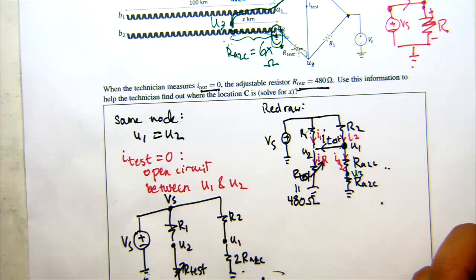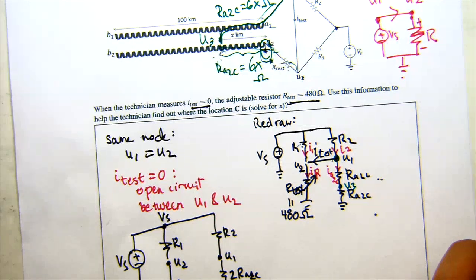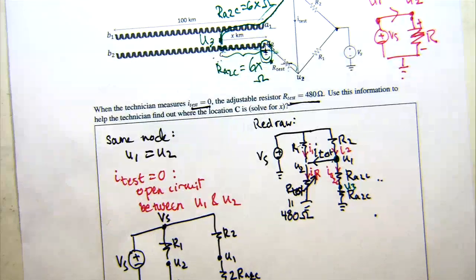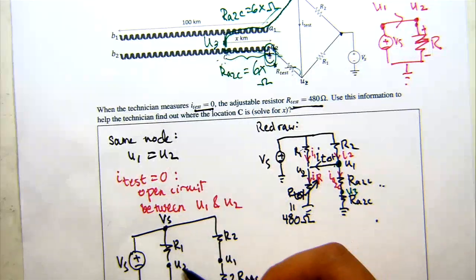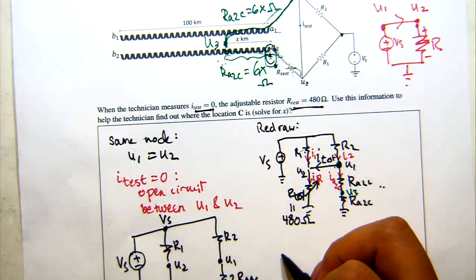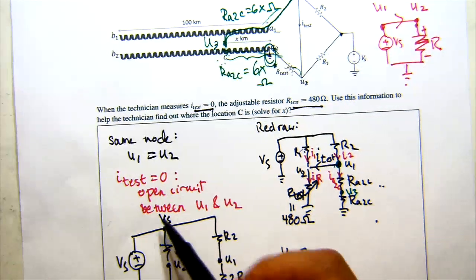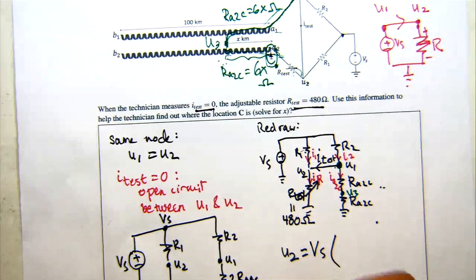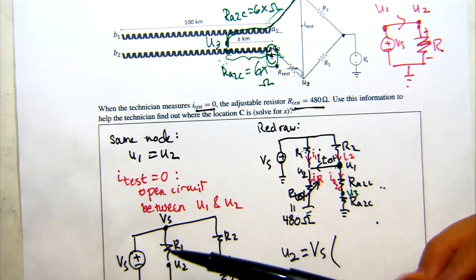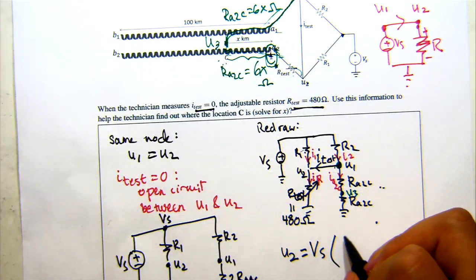I think I hear some people saying it, but they sound a bit unsure. So maybe, yeah. So both of these can be treated with voltage dividers, right? So if I were to do a voltage divider to calculate U2, U2 is going to be this original large voltage Vs multiplied by the lower resistor divided by the sum of the 2.